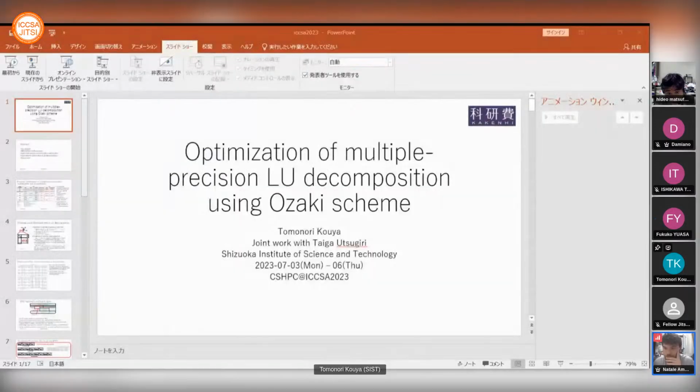The slides. Okay, I will look at the YouTube. I can see the presentation, but somebody cannot see. Go in full screen, go in presentation mode.